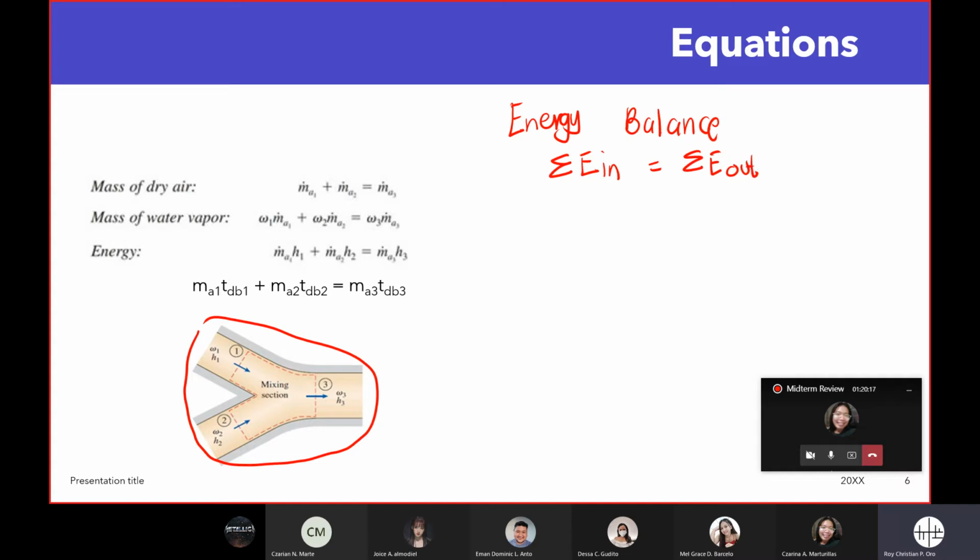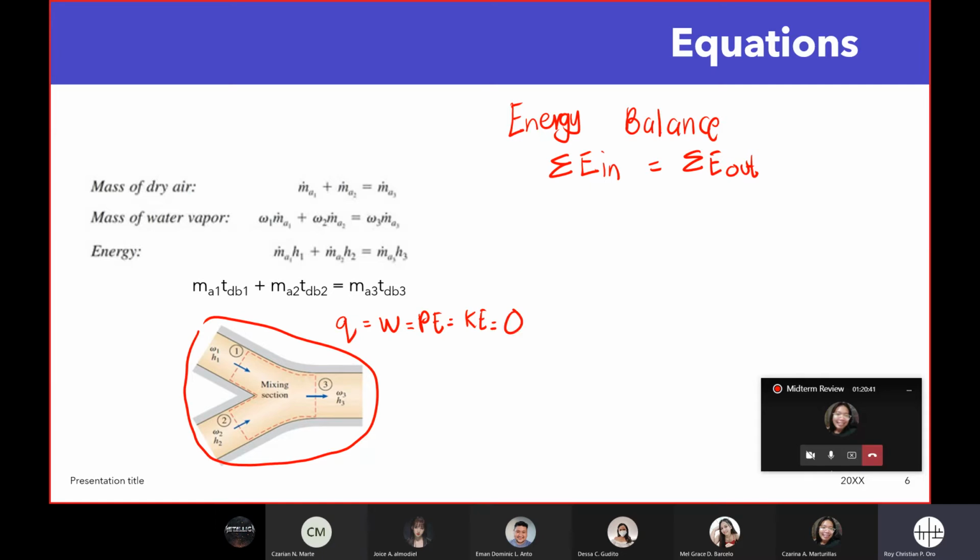If we take a look at this schematic diagram again, there is no Q, there is no W going in or out. And we also consider kinetic energy and potential energy to be zero. So if we write that down, Q equals W equals potential energy equals kinetic energy, which is equal to zero.